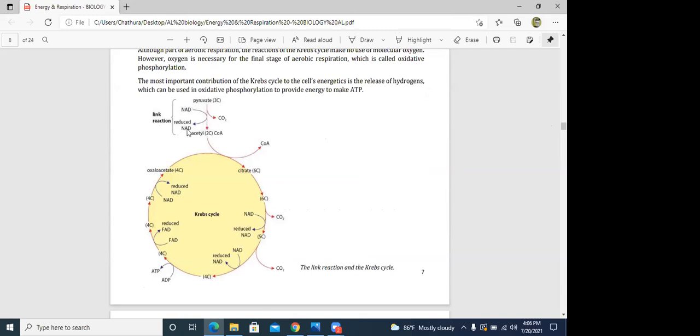There, NAD will be used as a reducing agent to form NADH, and a carbon dioxide molecule will be released, and a 2-carbon acetyl group will be produced. Okay. We are going to learn this stepwise.